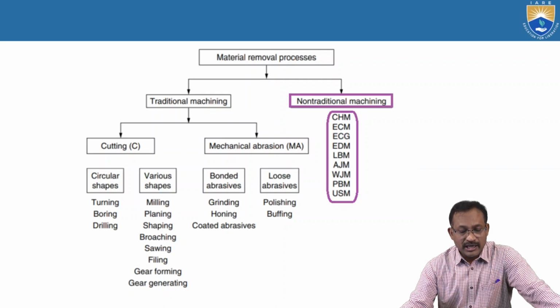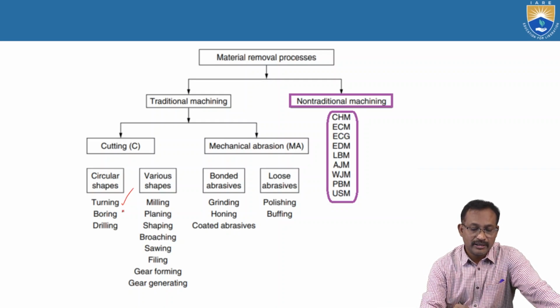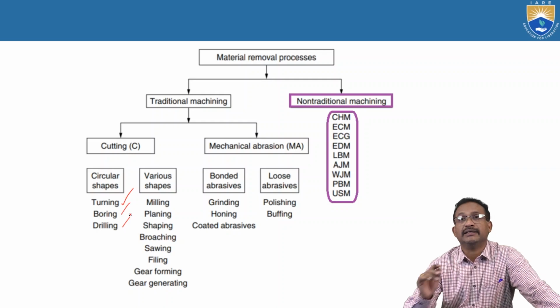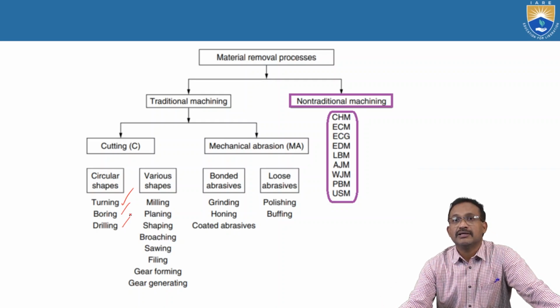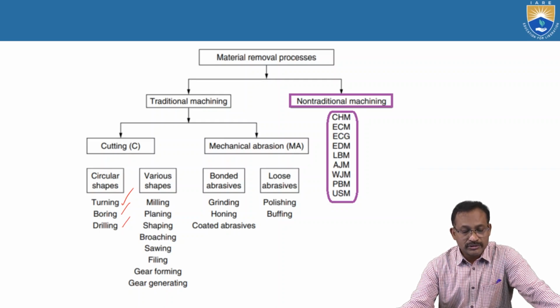For circular shapes, we have three different operations like turning, boring, drilling. So under cutting, for circular shaped products or parts, or components, we have to use the turning operation, boring operation, and drilling operation.